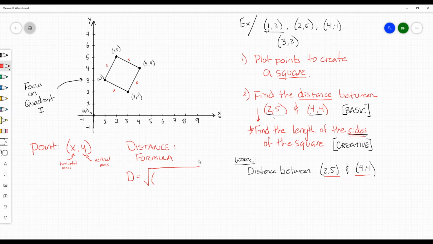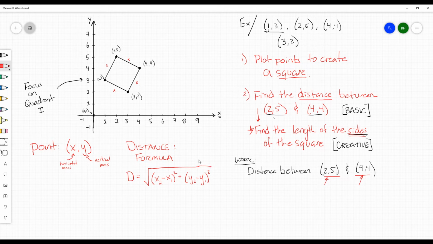In order to distinguish between this point and this point, we're going to be using subscripts, which are these little numbers down here, to identify which points we're using. So in this case, we're using the x value from the second point, subtracting the x value of the first point, that whole difference squared, and we're adding that with the y term of the second point subtracted by the y term of the first point squared.